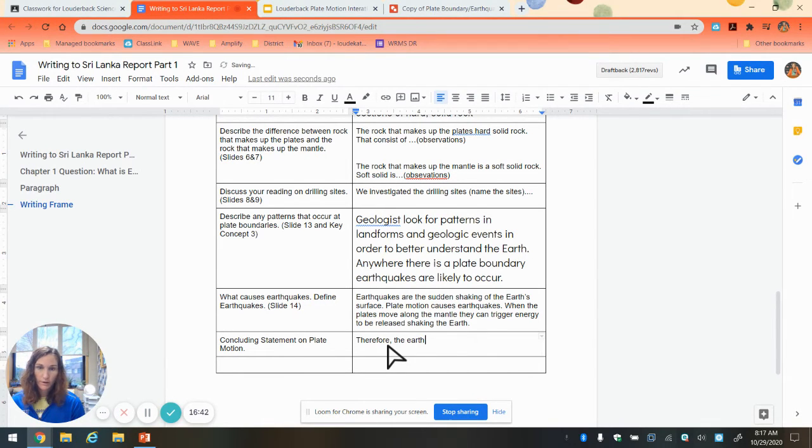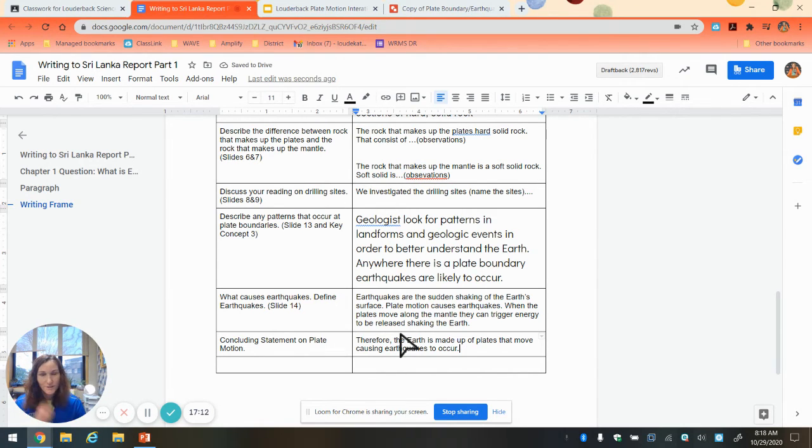Therefore, the earth is made up of, and I'm going to say plates because we now have that description, plates that, and what are those plates doing? Remember, our whole unit title is called plate motion. So the earth is made up of plates that move, causing earthquakes, that geologic hazard, to occur.